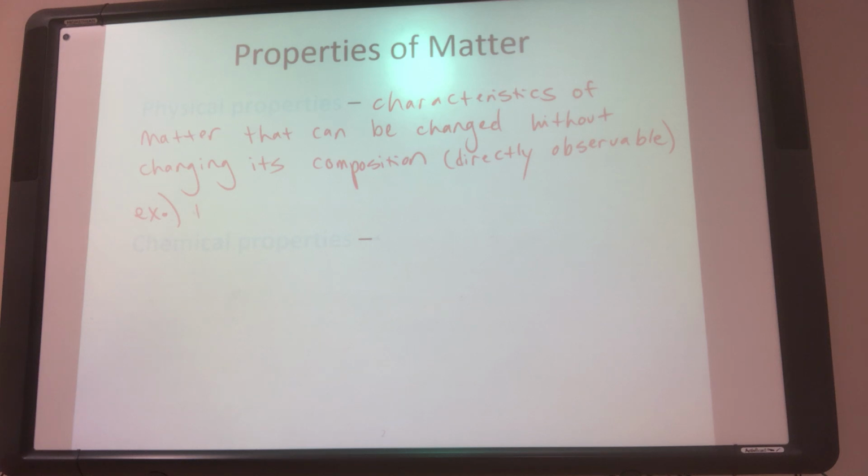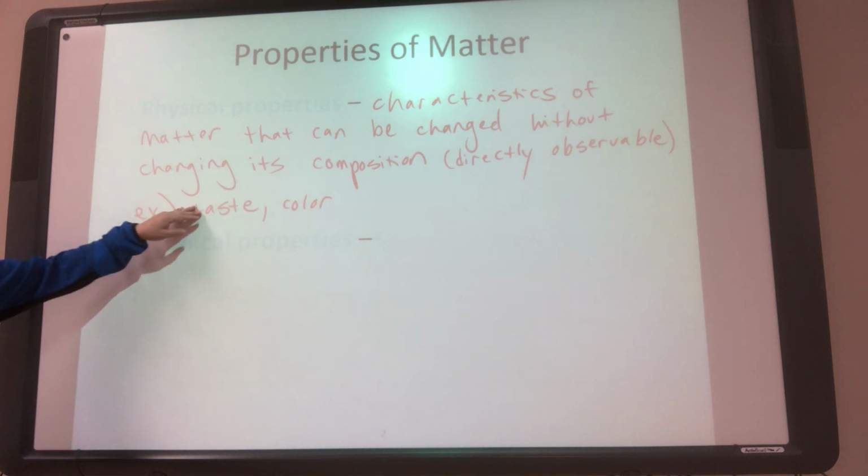So that would change the taste. It's still water, but now it has a different taste. And most of those are colored, so it would also change the color. So if I add some of those little food color drops in there, now I've got flavored, different colored water. Okay? This isn't the actual change of doing it, this is just the property.